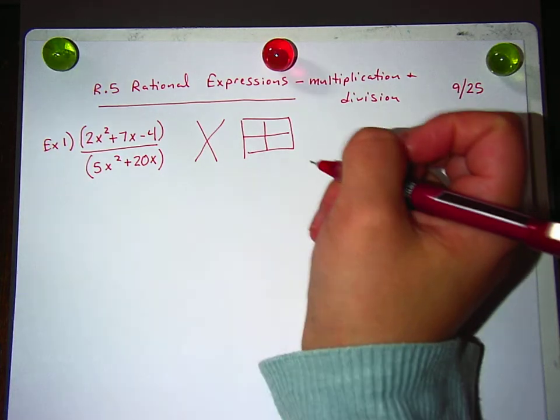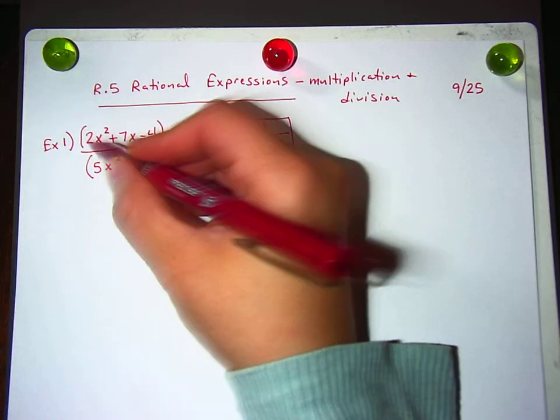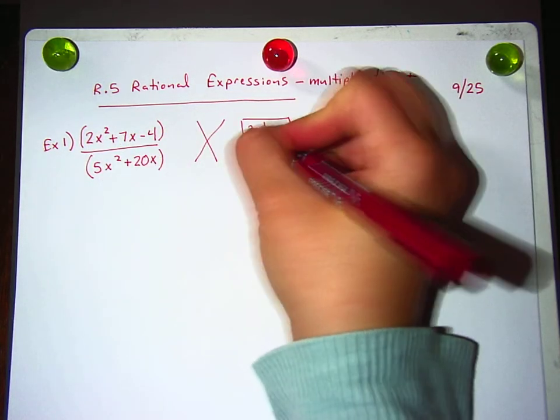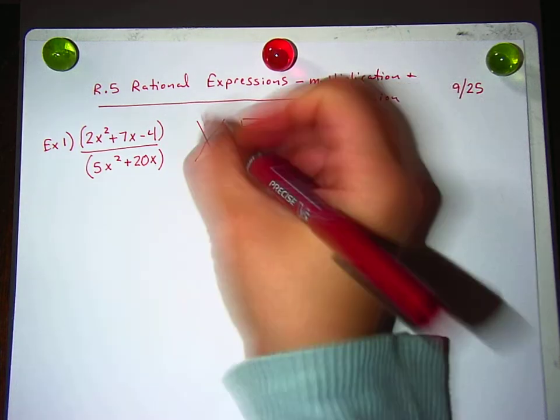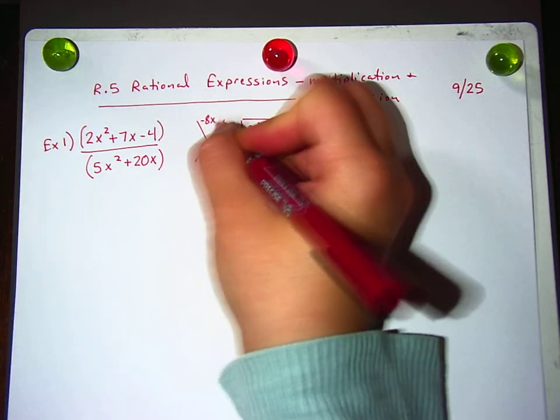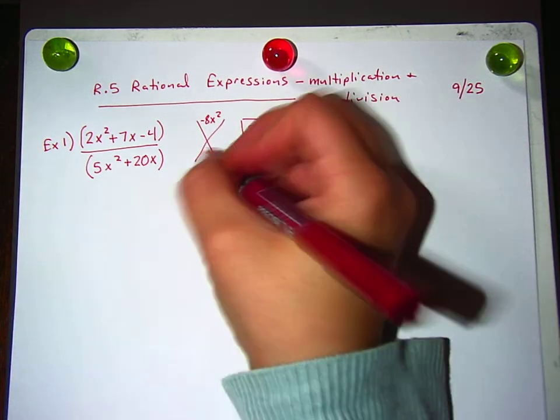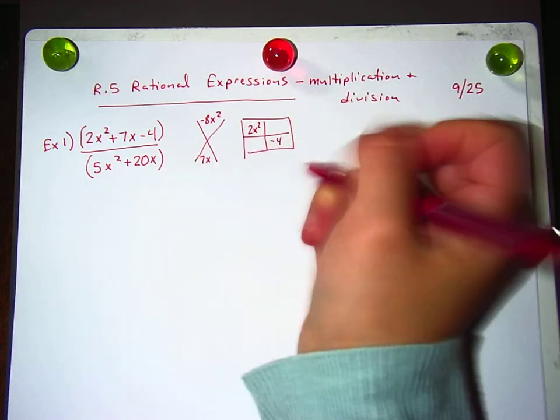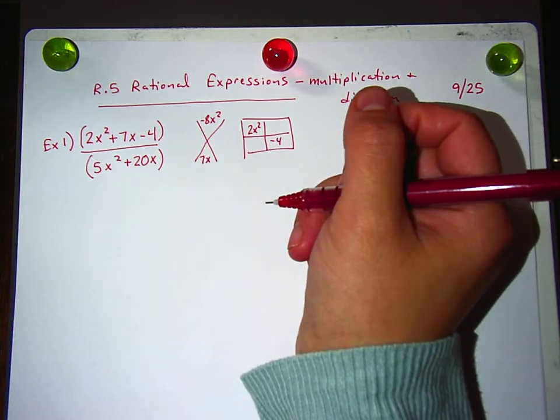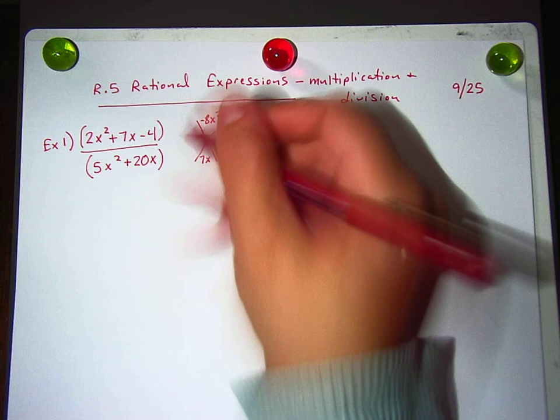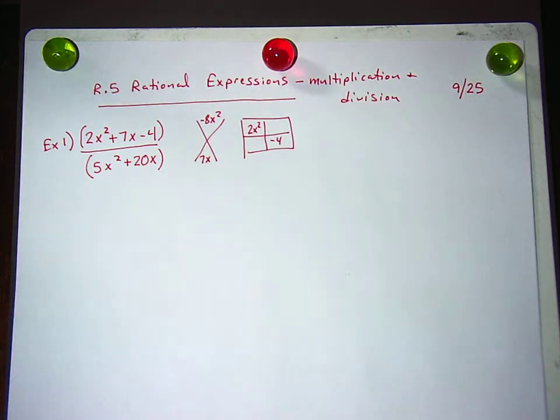Okay. So I see that there's something in front of the x squared, so I'm going to put that here, 2x squared and a negative 4. And this is negative 8x squared on top. And then the bottom is 7x. And then I'm looking for 2 things that multiply to get negative 8x squared but add to get 7x.